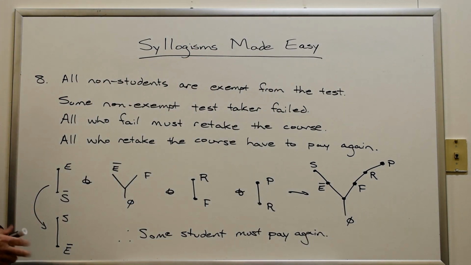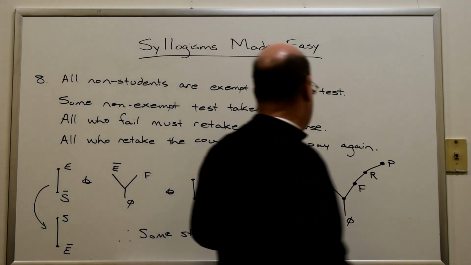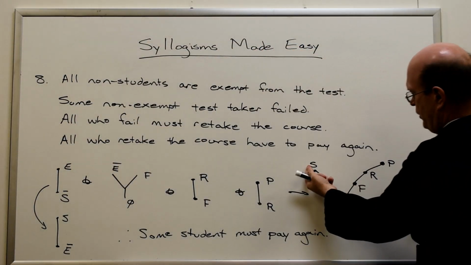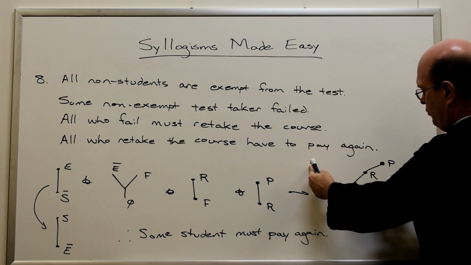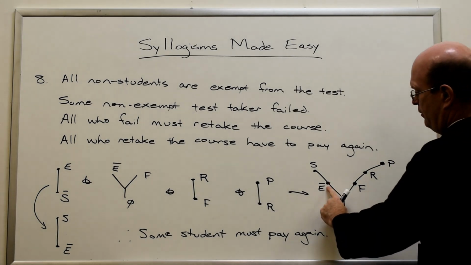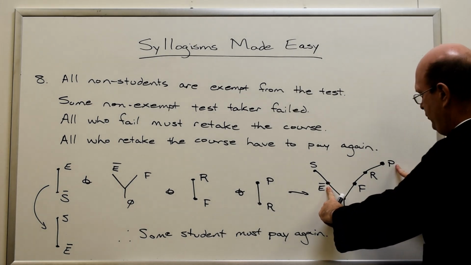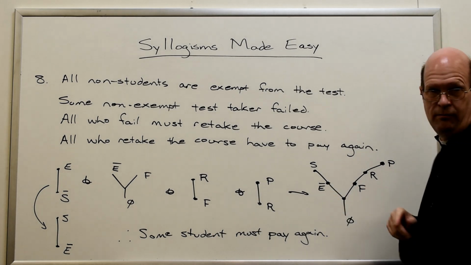And just one last concluding remark about the conclusions. In fact, we can kind of have fun with this. We can say, well, some student must repay, or some student must retake, or some student failed. Or we can say that someone who is not exempt has to pay, someone who's not exempt has to retake, someone who's not exempt failed.